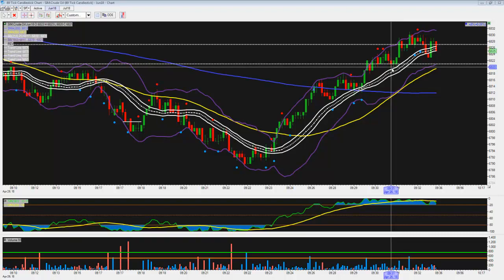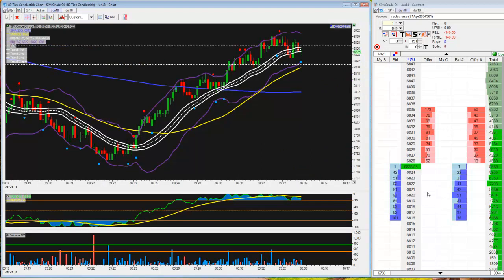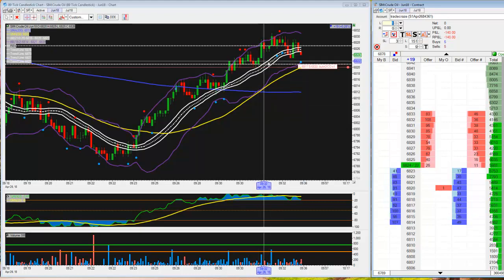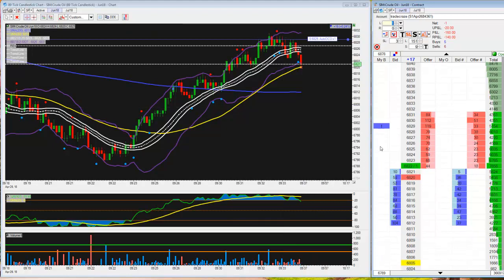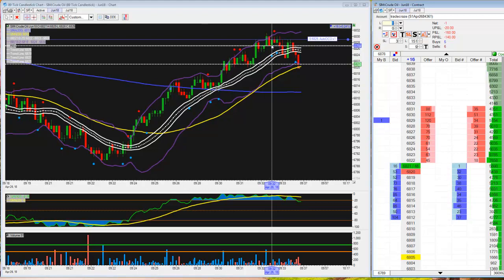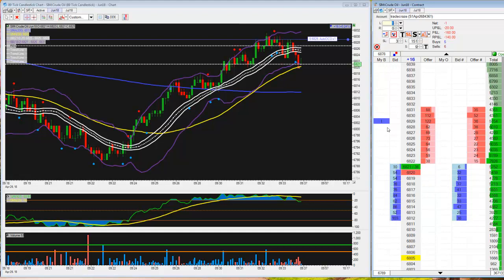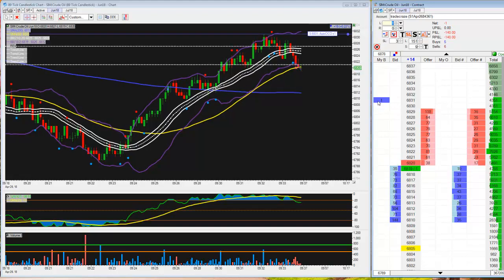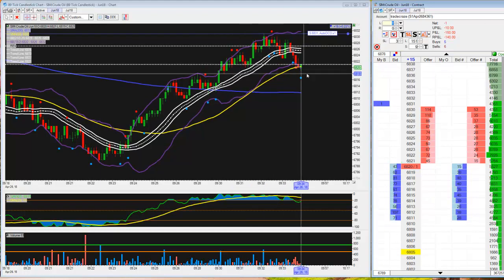To me, this just looks like a retracement to go short again underneath. Short below, long above.